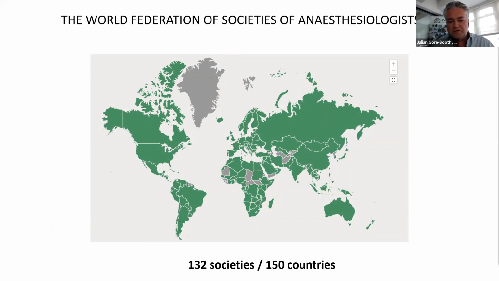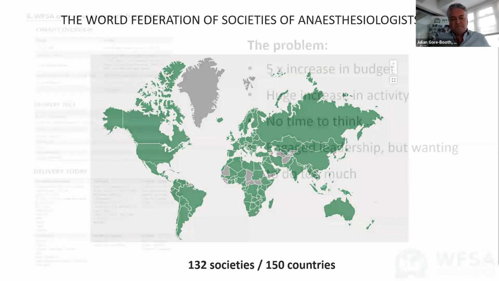And we cover most of the globe through this membership of national societies. But what we're trying to do is to make anaesthesia, and therefore surgery, safer and more accessible for the 5 billion people on our planet who do not have the access that some of us might take for granted. So that's what we're trying to do.